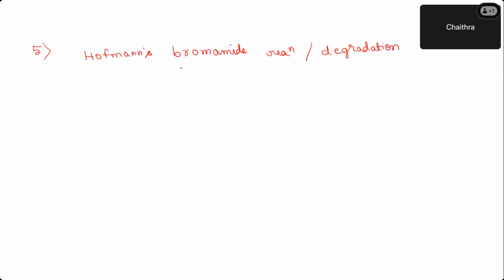Here you will take the starting material as amide, and you convert that amide to amine. That's it. What is the difference you are seeing?